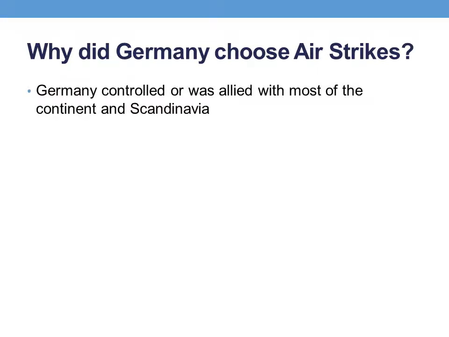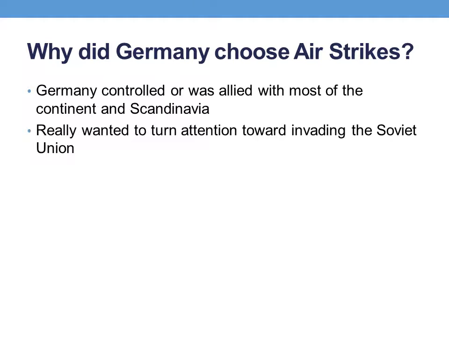Germany chose these airstrikes for a number of reasons. One, Germany controlled or was allied with most of the continent and Scandinavia. Essentially, that meant that she had this really large area under her control that she could then use to launch strikes. And she really wanted to turn her attention toward invading the Soviet Union.